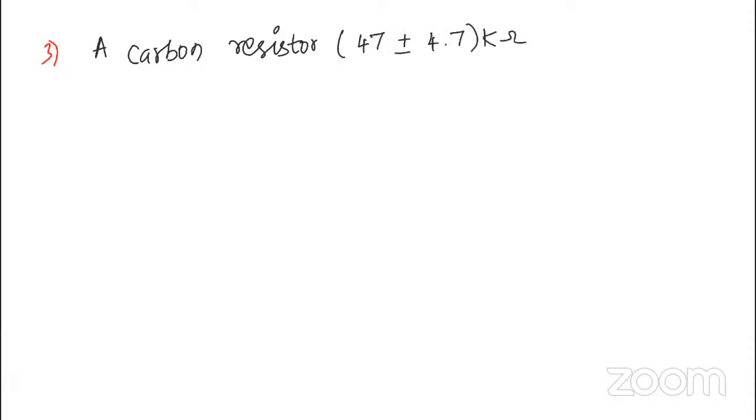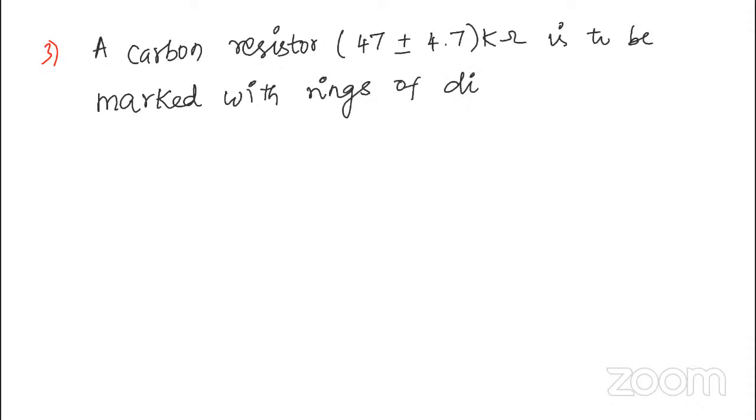Next, one more problem. The option number 3. So here a carbon resistor that is 47 plus or minus 4.7 kilo ohms is to be marked with rings of different colors for its identification.